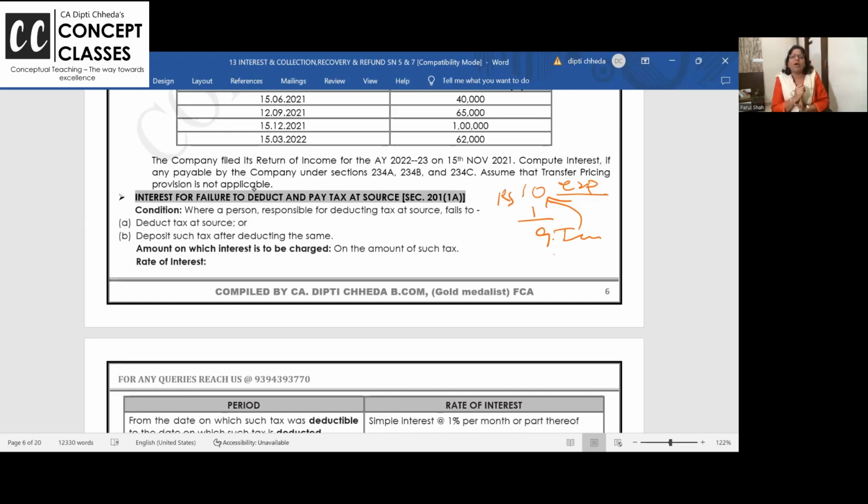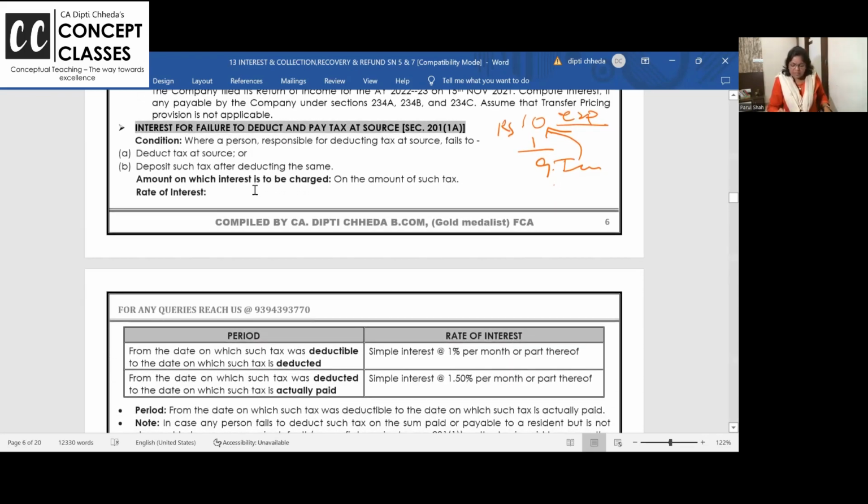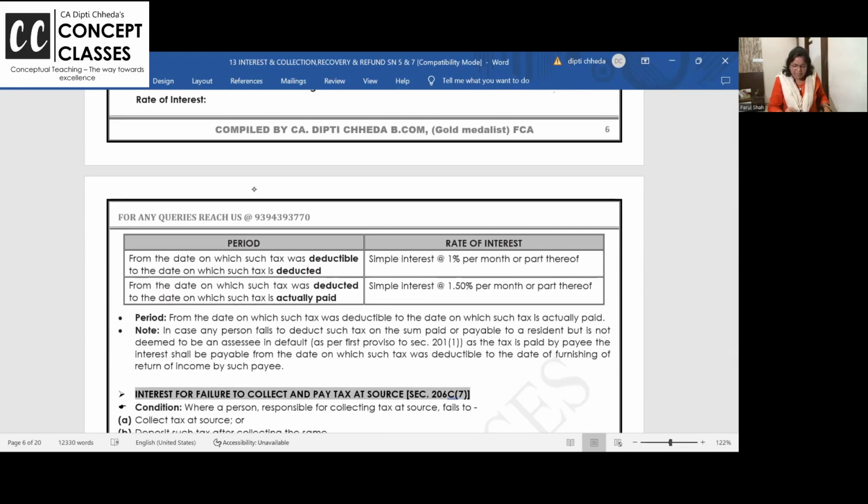I deducted from you saying I will deduct TDS and pay to government. And if I don't pay to government, then what? I should pay interest. So on TDS, 2 interests are charged. First is from the due date till the actual date of deduction. Second is after deducting if you delay in depositing. Interest is same, 1% per month from the date on which tax is deductible to the date on which it is actually deducted.